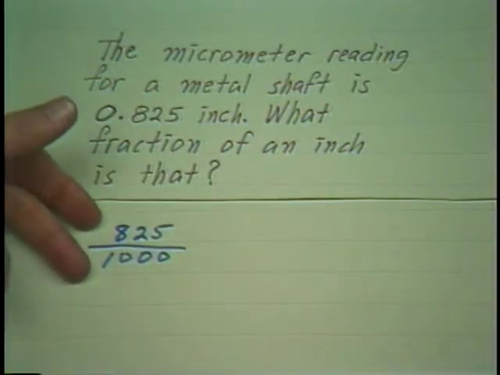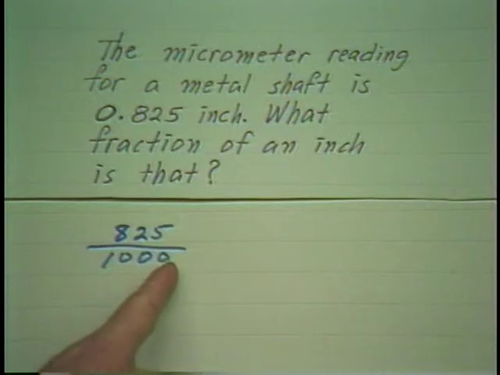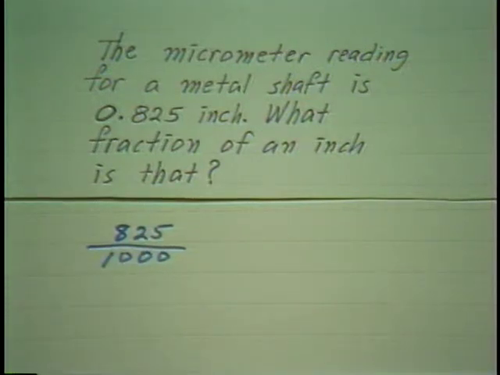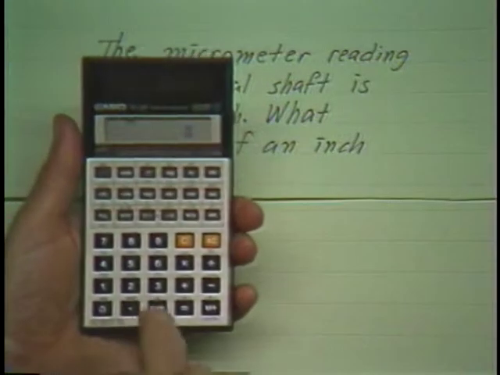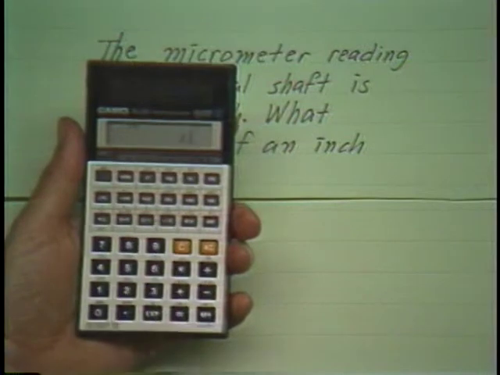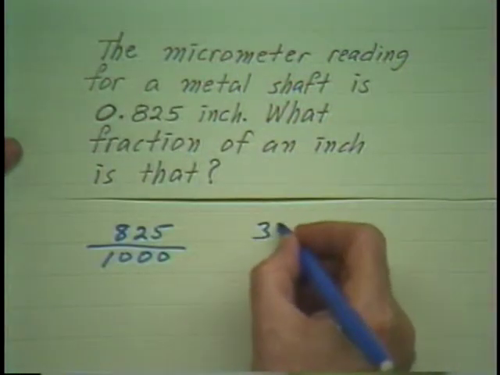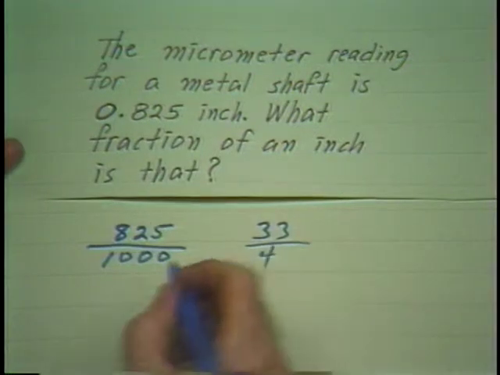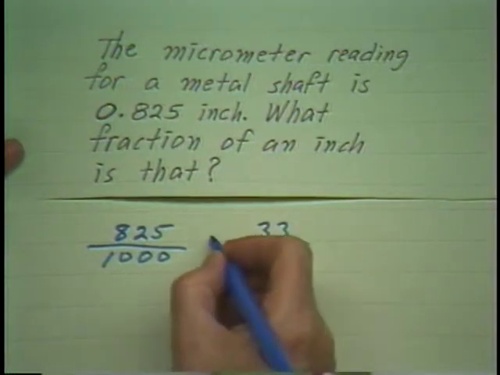Then reduce this. We can see it divides by 5, but it also divides by 25. And at this point, if we wish to use a calculator, 825 divided by 25 is 33, and 25 goes into 100 four times, into 0, 0.